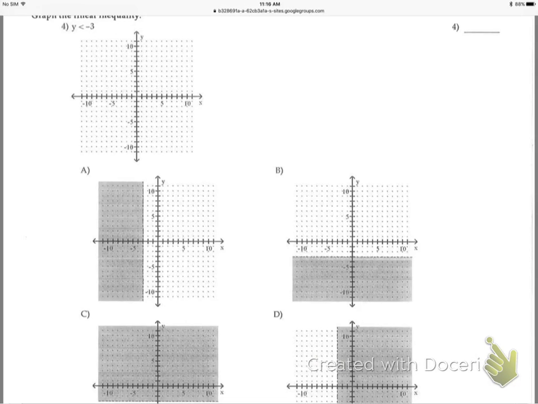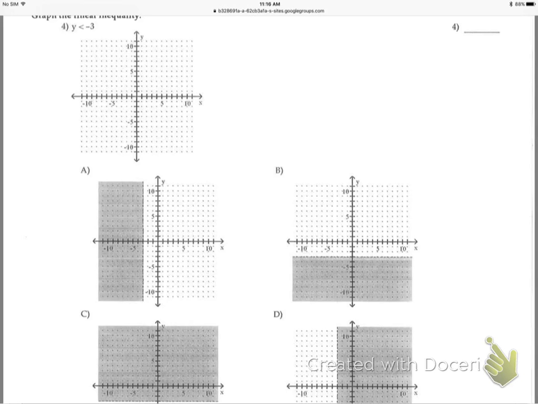Okay, so try that one. There it is at the top. y less than negative 3. So this is one of these that only have one letter again.